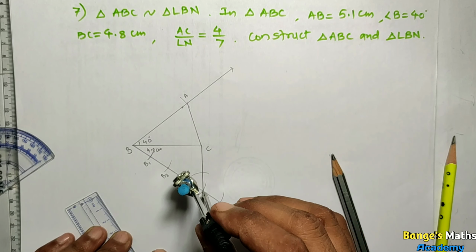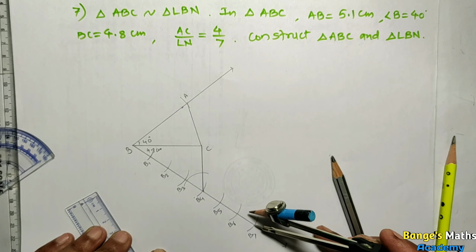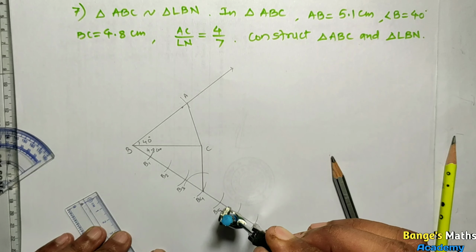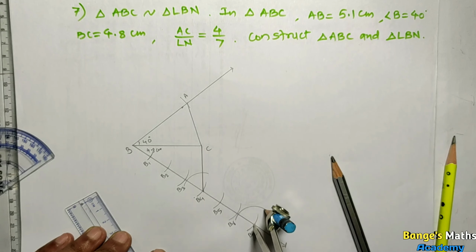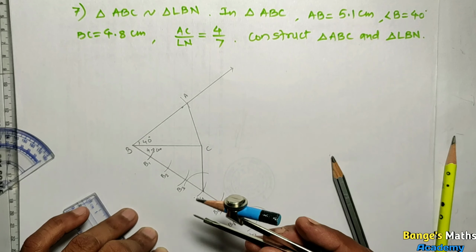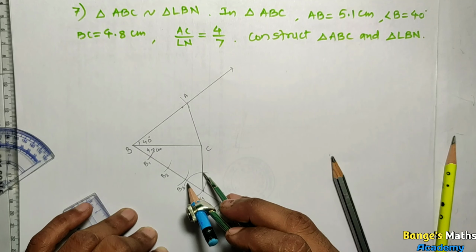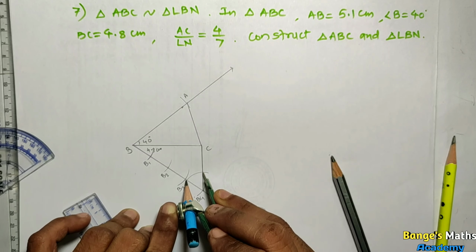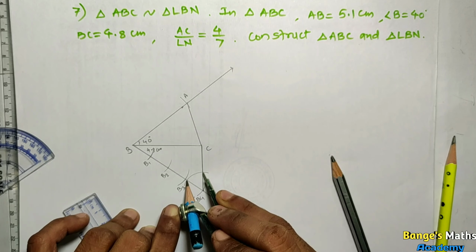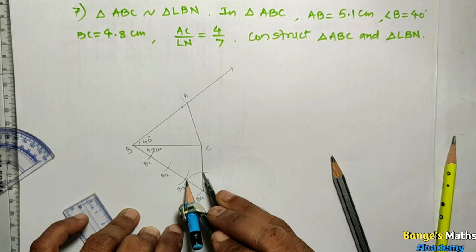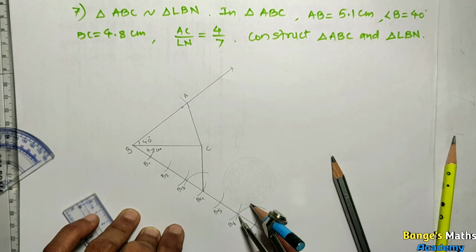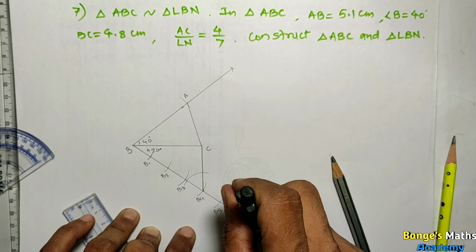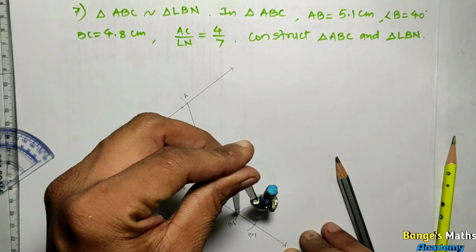Keeping the distance same, put compass on point B7 and draw arc like this. Then take distance in your compass. Put compass on this point and draw intersecting arc.